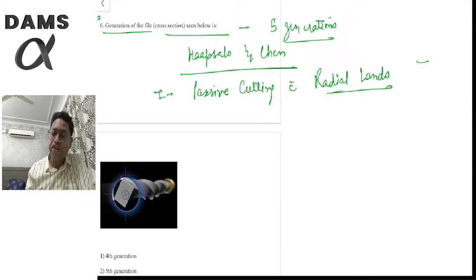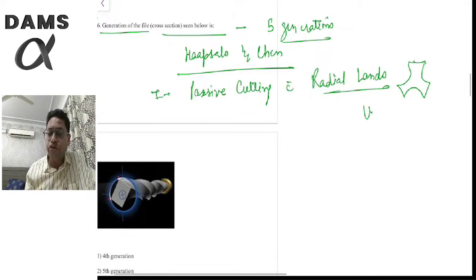If we make a cross-section of a first generation instrument, it would have a U-shaped cross-section. They are passive cutting instruments with radial lands. We can see the edges of the blade are blunted. This is known as a radial land.